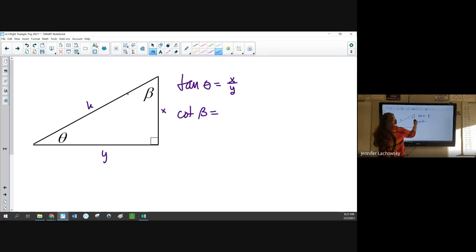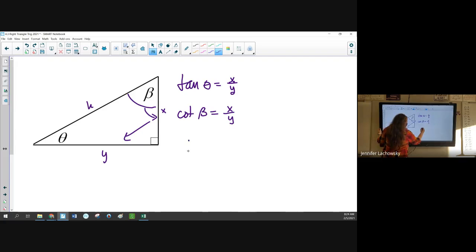Okay, so remember, cotangent is not as natural to think about because we think about tangent. We've thought about tangent for years. Tangent is opposite over adjacent. So if it's not opposite over adjacent, then it's adjacent over opposite, right? So x over y as well, right? So are they cofunctions? Yeah.